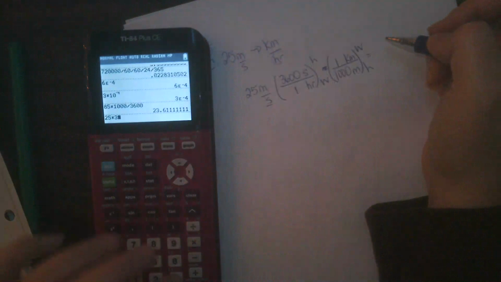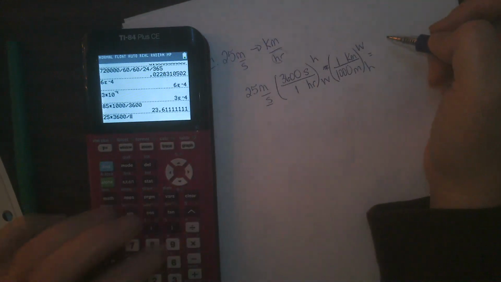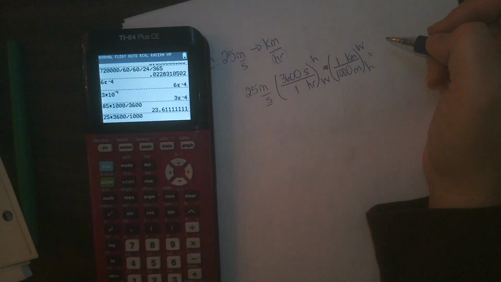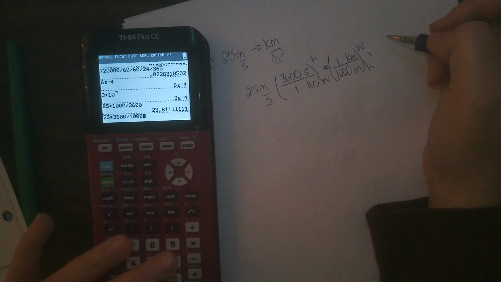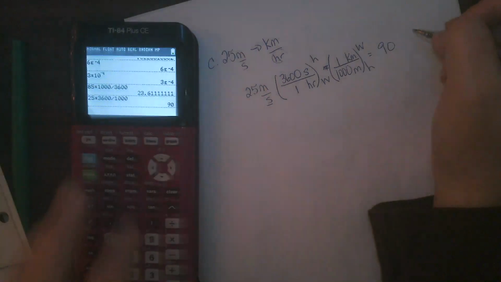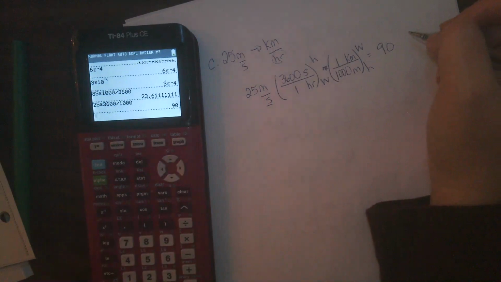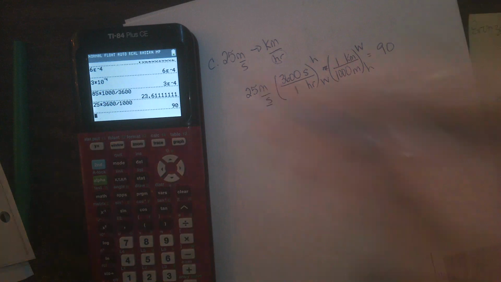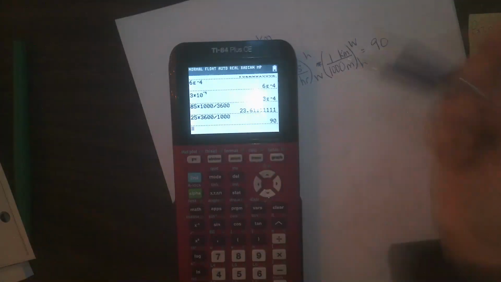25 times. What'd you get, Rayleigh? 90, me too. It's really close to 90, but it's also not the right answer. So check your calculator. Also, you guys have been in Math 30.